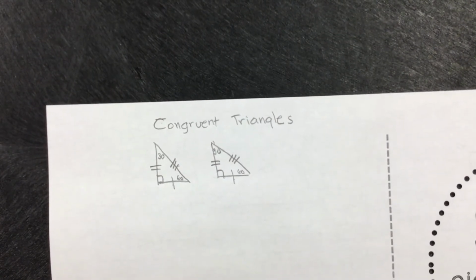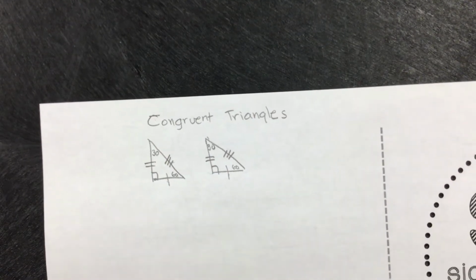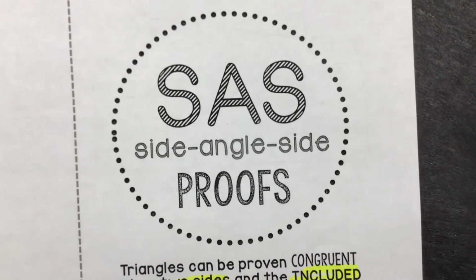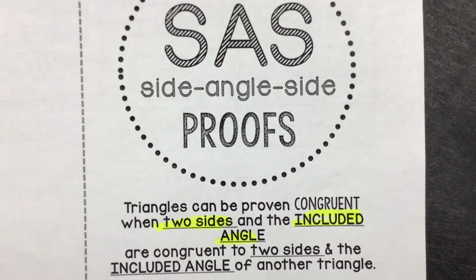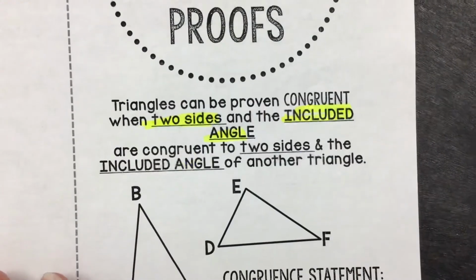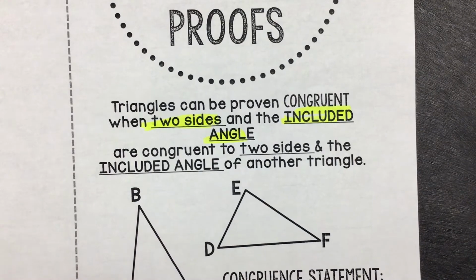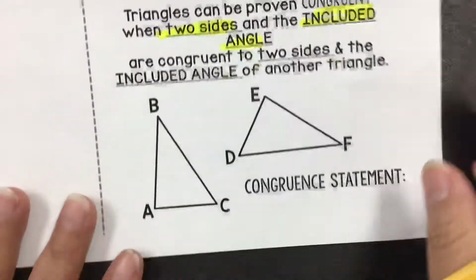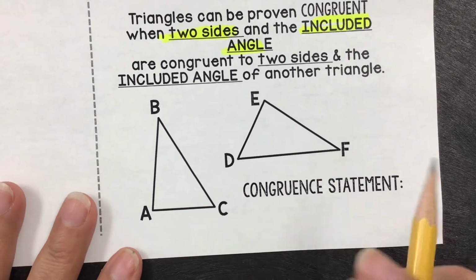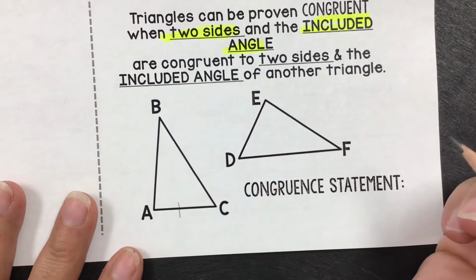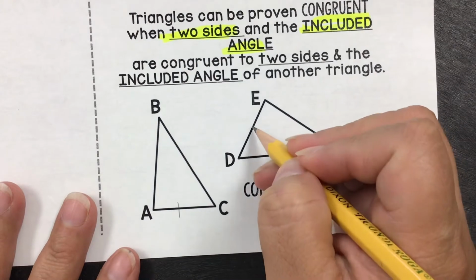You need to know that because for this section, all we need to prove it is side, angle, side. So all of them will be using side, angle, side. What does it look like? Even if the pictures or the triangles are rotated, we still have a side that corresponds with another side.